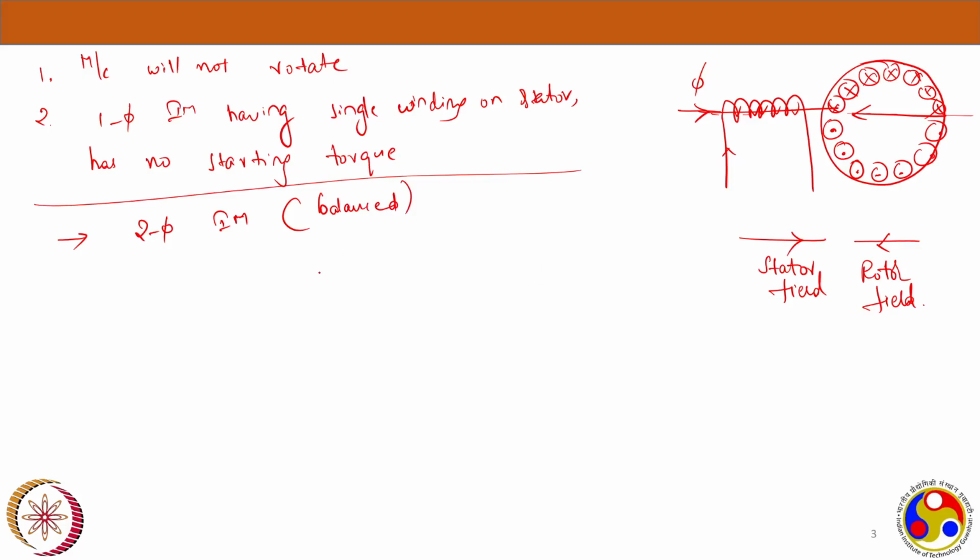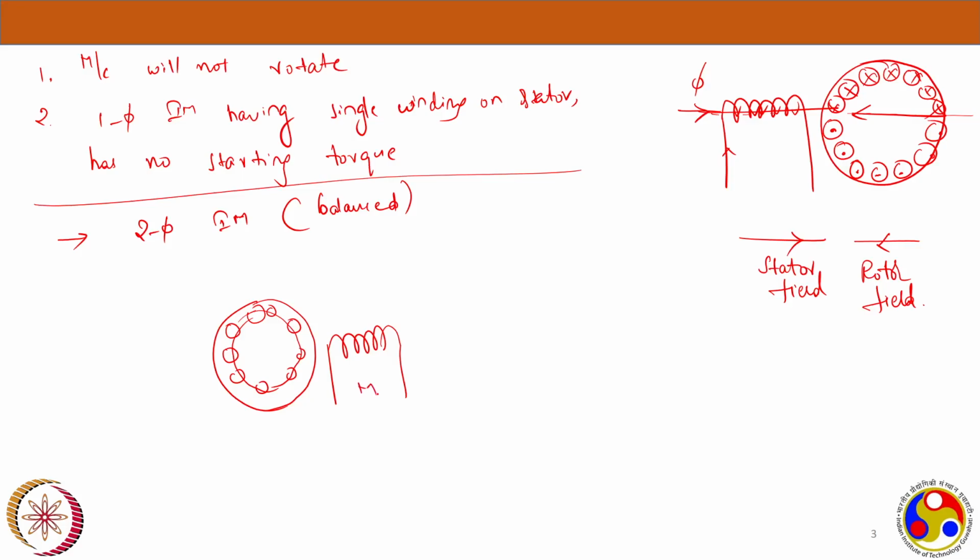Now let me draw this. This is my rotor. A round rotor will be there, and we now have two windings instead of one. This we know, the main winding.